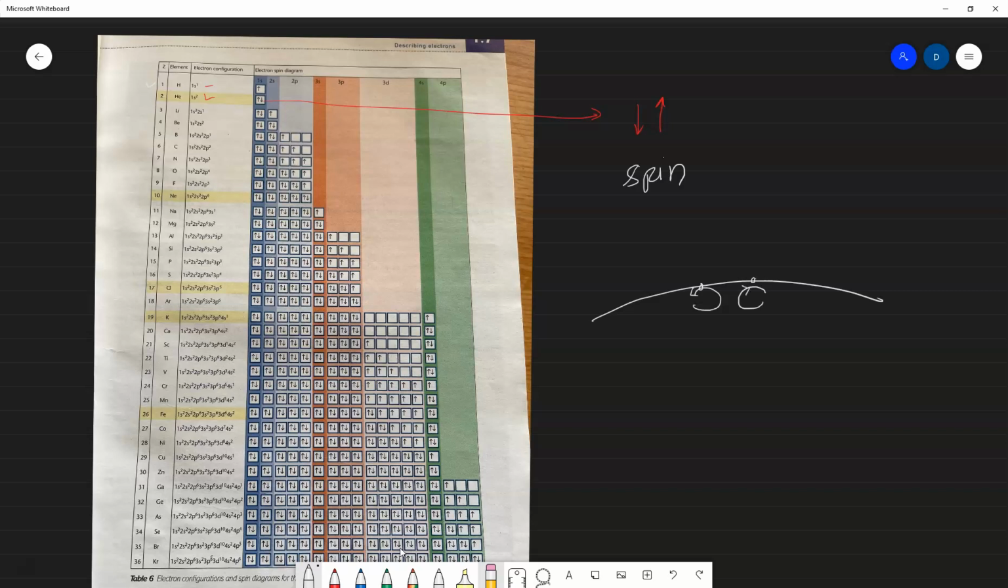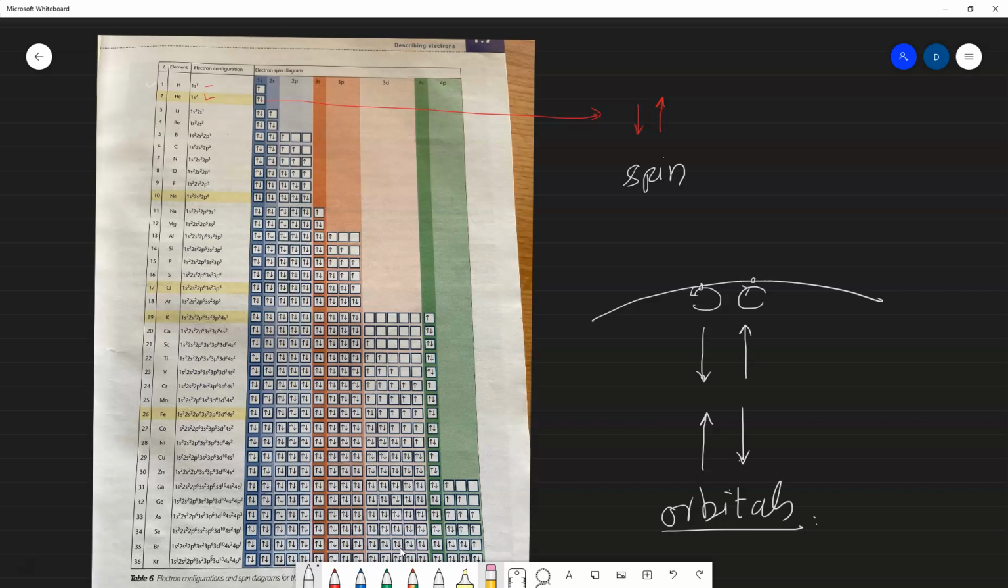To represent that, you use one down arrow and one up arrow. It doesn't matter whichever it is. These arrows in two different directions are just telling you that the two electrons that are together are spinning in opposite directions. And you're going to learn what are called orbitals. I'm going to start in the next video. It's called orbitals.